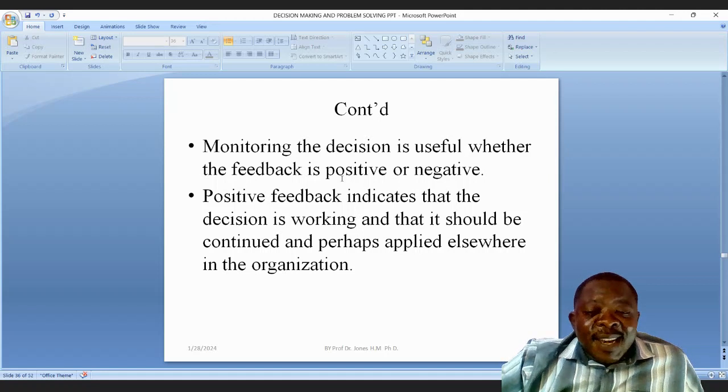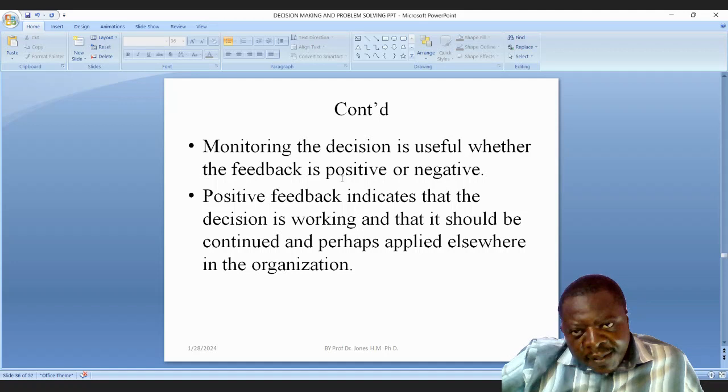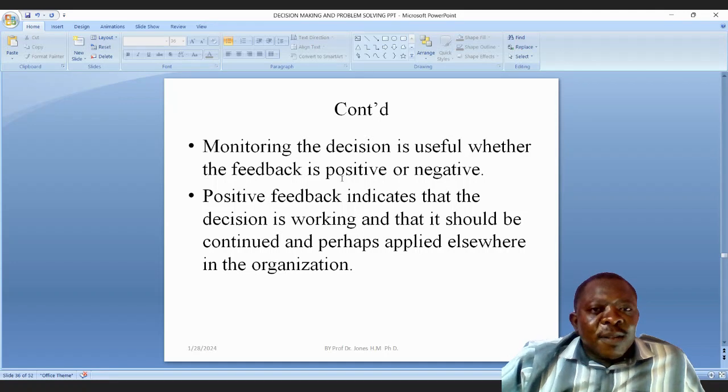Okay, from negativity, we improve ourselves. From positivity, we still improve ourselves, or we get the achieved results or the achieved standard. So we do not look down on critics. Critics help us to improve. Okay, so positive feedback will indicate the decision is working and that it should be continued and perhaps applied elsewhere within the organization.